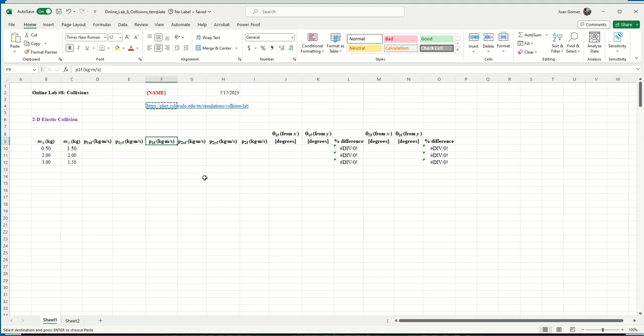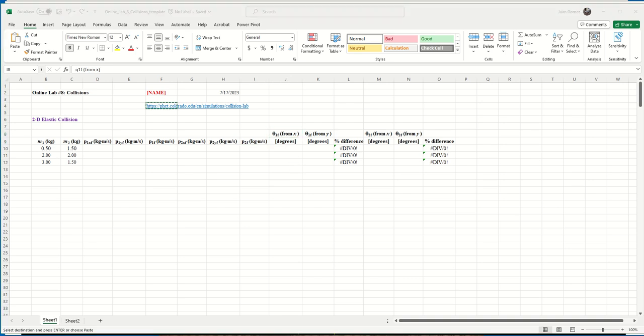This is the magnitude of the final momentum of M1, P1 final. Likewise, for P2, this is the final X momentum of M2, final Y momentum of M2, magnitude of the final momentum of M2. Then here, this is theta 1 final.